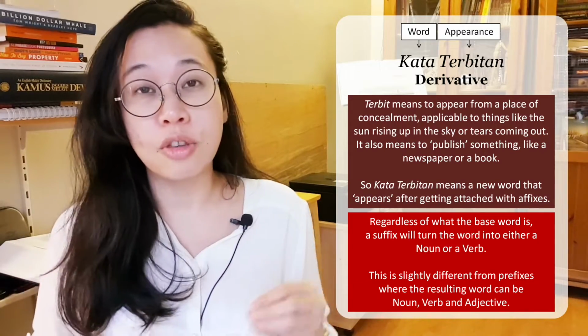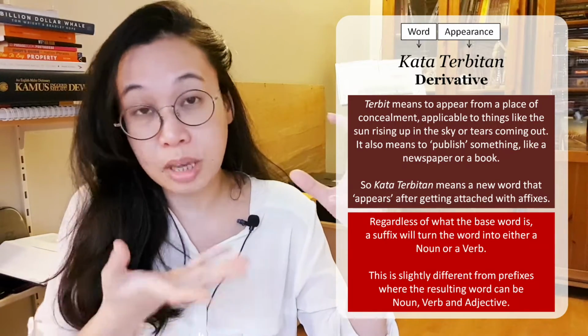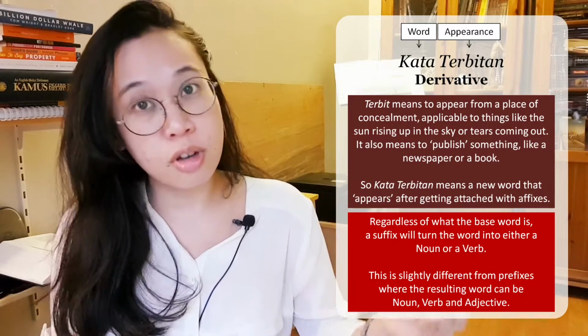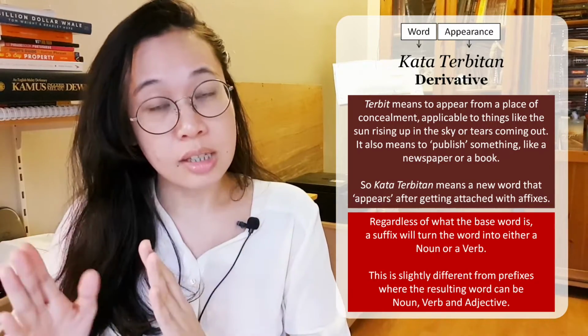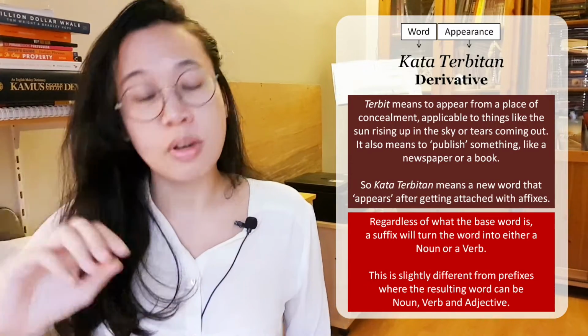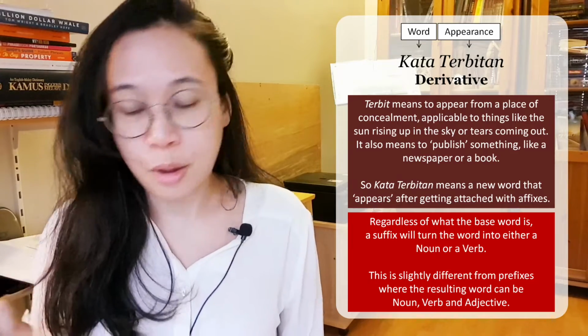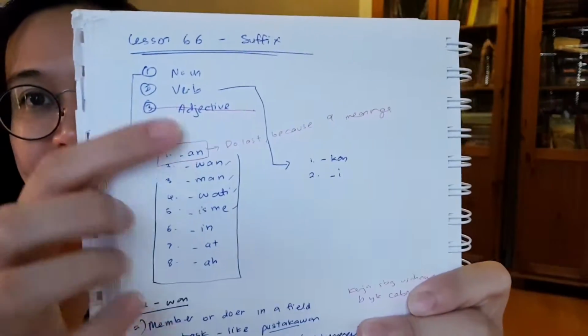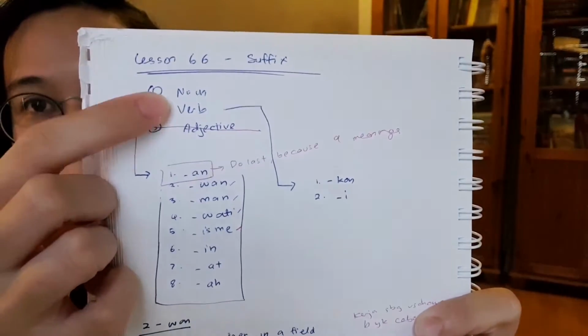In prefix, if you attach a prefix to whatever base word, it becomes noun, verb, adjective. For suffixes, when you attach it to a base word, it only becomes noun and verb. Okay, so it's quite long, so brace yourself. You can see noun and verb.